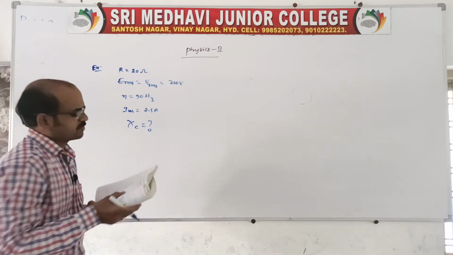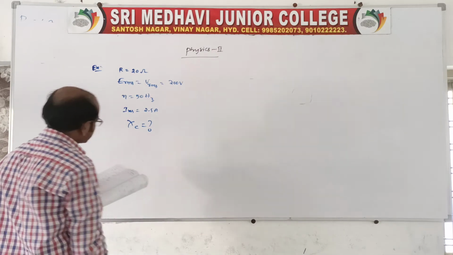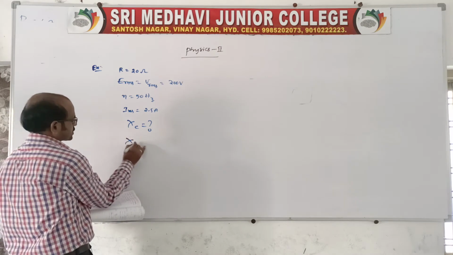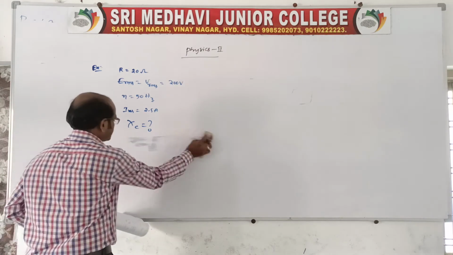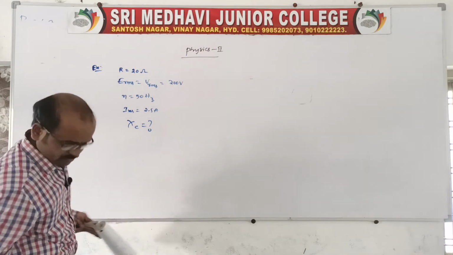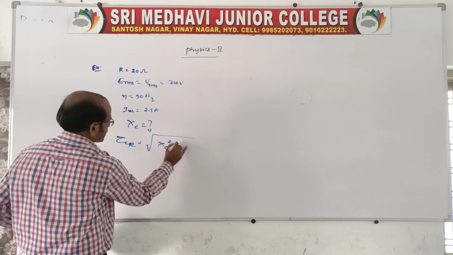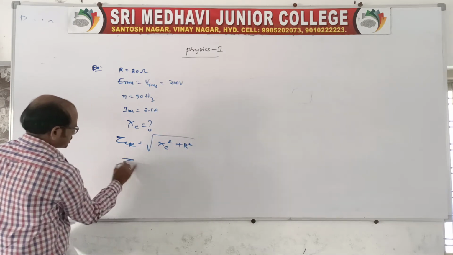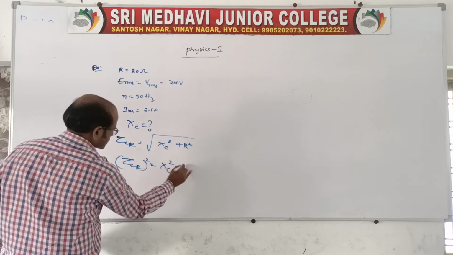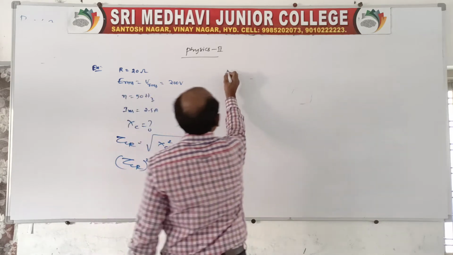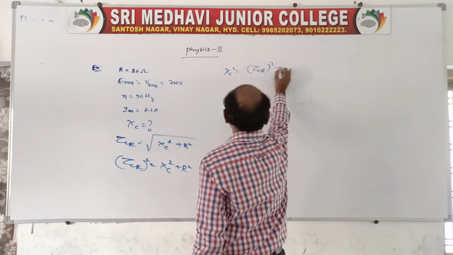So it's given this. First of all we need to find XC, right? For this, ZCR is equal to root over XC square plus R square. Then ZCR whole square is equal to XC square plus R square. So XC square is equal to ZCR whole square minus R square.